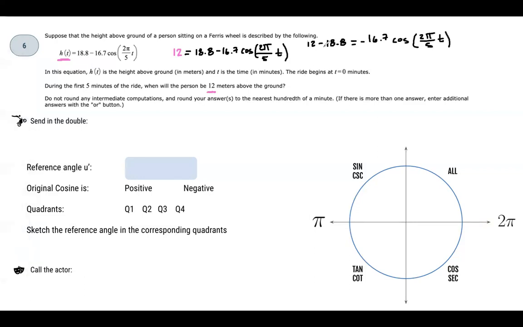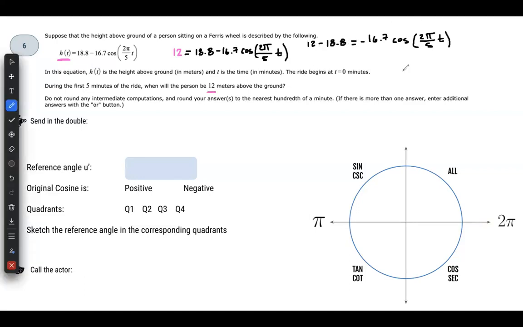Now, 12 minus 18.8 looks like we're going to end up with minus 6.8, if I'm not mistaken. And this is equal to minus 16.7 cosine of 2 pi over 5t.